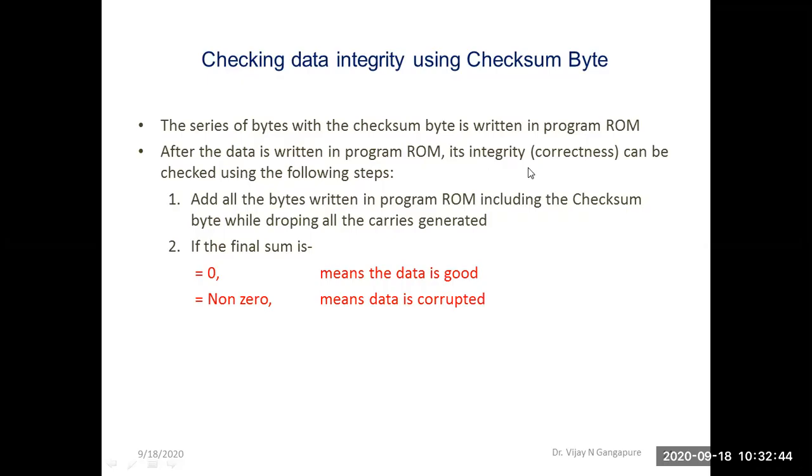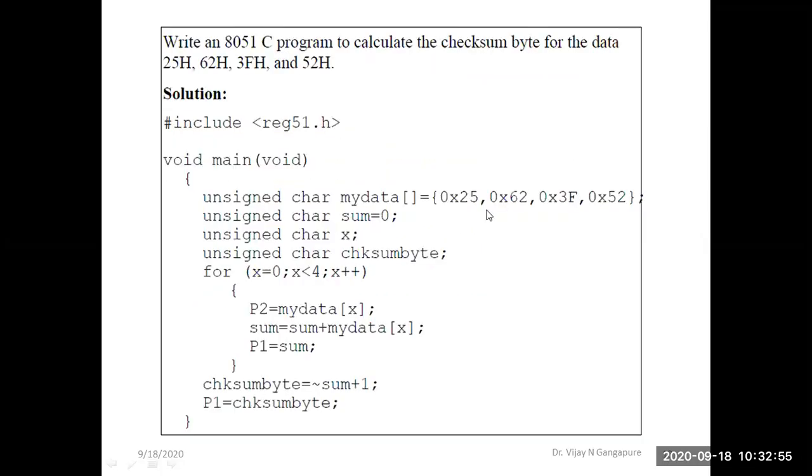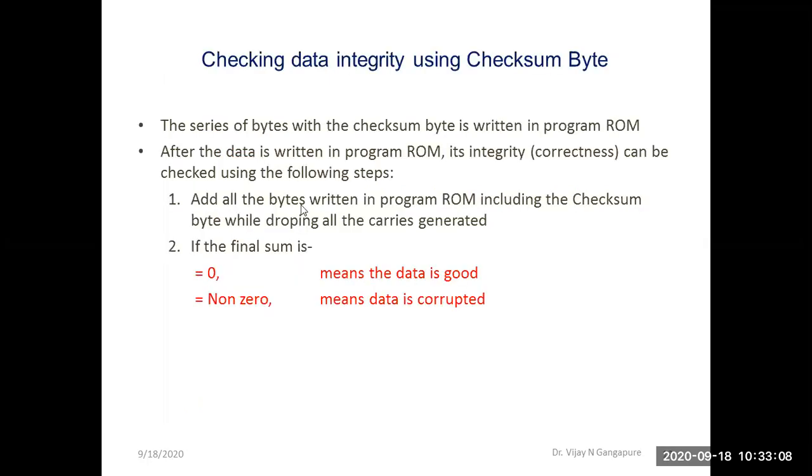To check the correctness or integrity of that data, first we add all the bytes written in program, including the checksum byte, so these 4 bytes as well as the last checksum byte. These 5 bytes are written in program ROM. We add all these bytes including the checksum byte, and we also drop all the carries generated in subsequent additions.